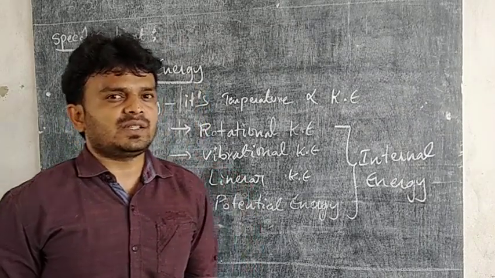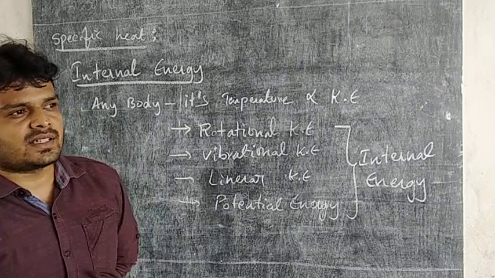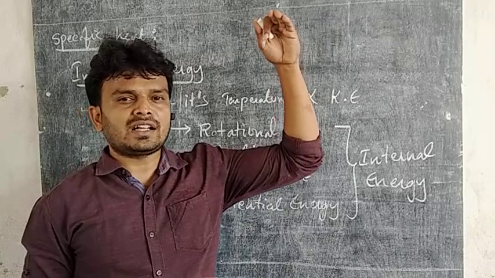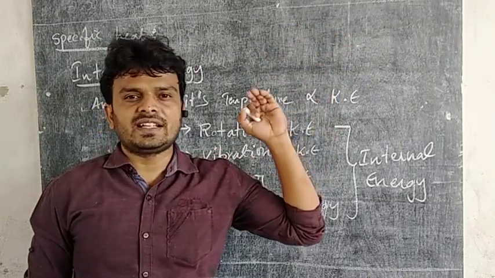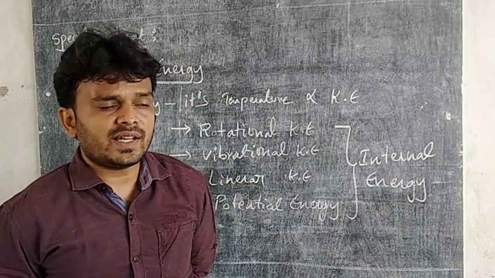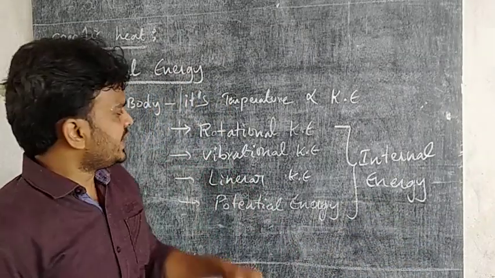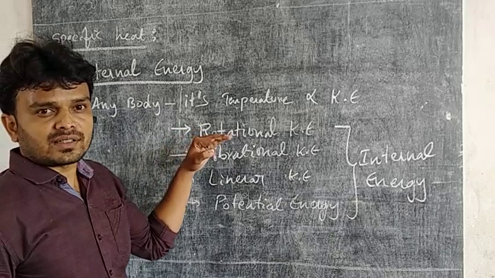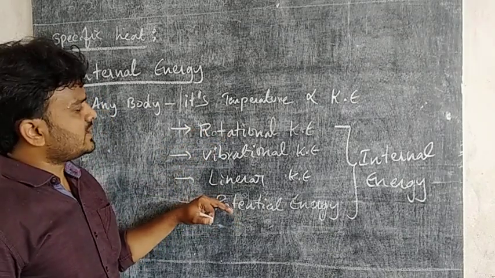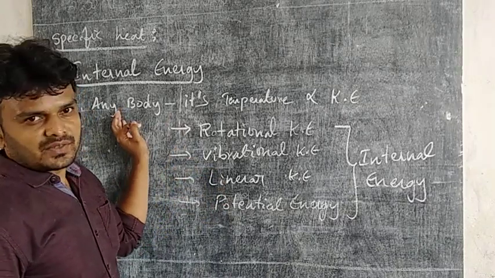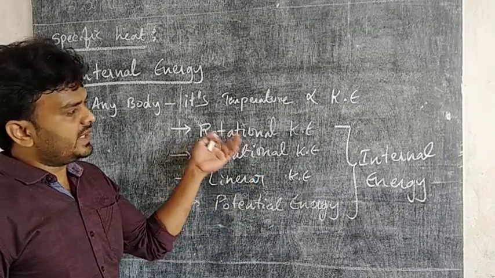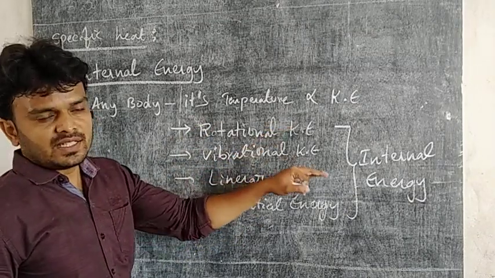By supplying heat, water rises in temperature from 37 to 38, 39, 40, 41, 50, up to 100 degrees Celsius. But after 100 degrees Celsius, there is no rise in temperature. Why? Because the supplied energy is utilized for conversion, that is, sharing of internal energy. That is the reason behind specific heat. If the specific heat is high, the sharing of internal energy is also more. If specific heat is low, the sharing is very little.